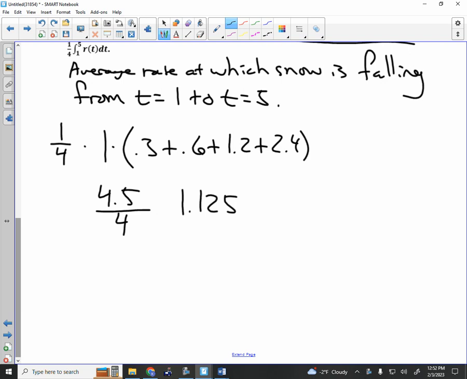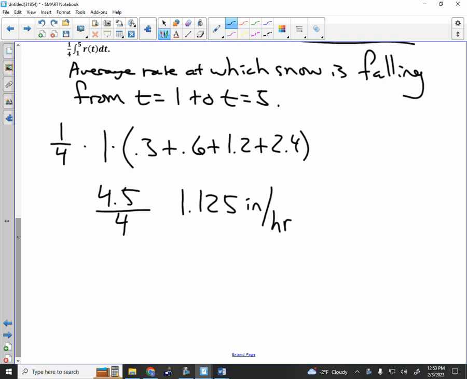So 1.125, what is the label? What did you just find? You found the average what? Average rate. What do we measure the rate in? Inches per hour. Not squared. Question, Kaylee.